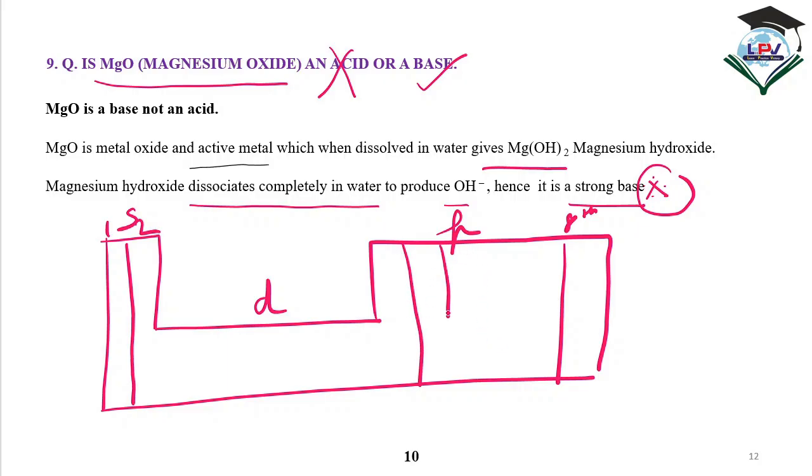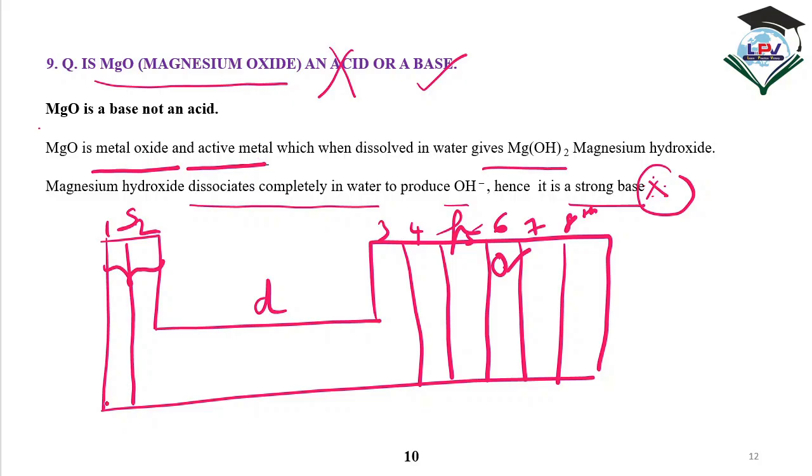We are interested in the sixth group, which is your oxygen, and these group 1 and group 2 tend to react with oxygen to form the metal oxide. They are active metals and are also called reactive elements.